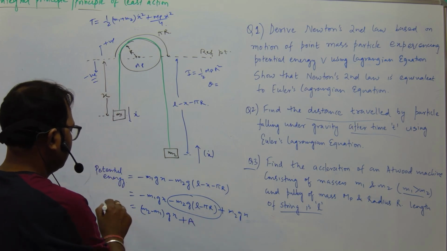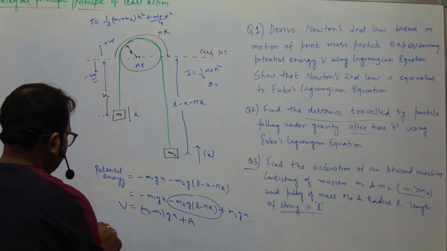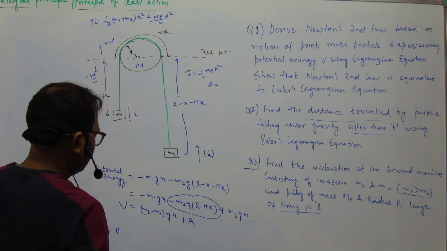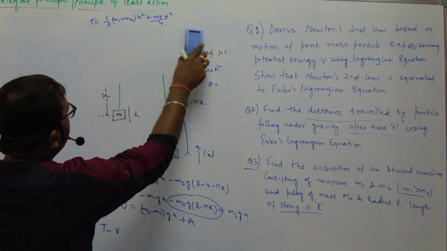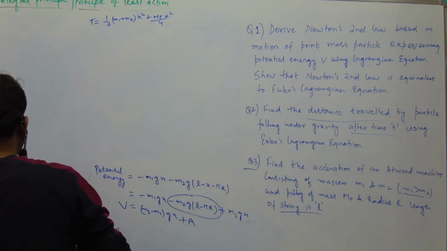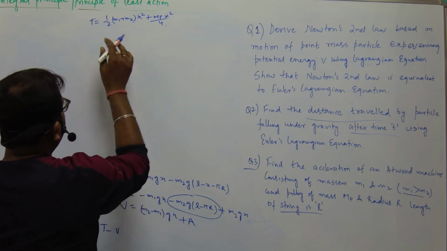We have the Lagrangian as L is equal to T minus V. Let us write it down.